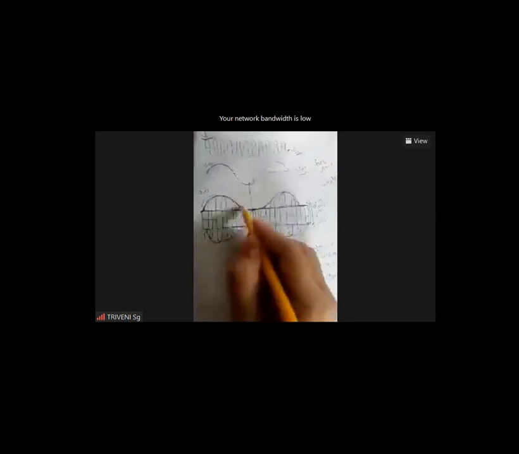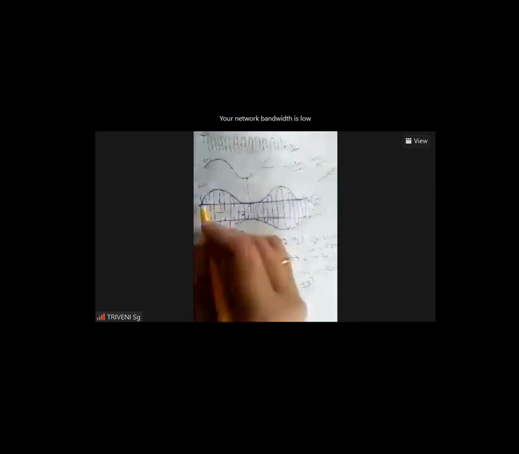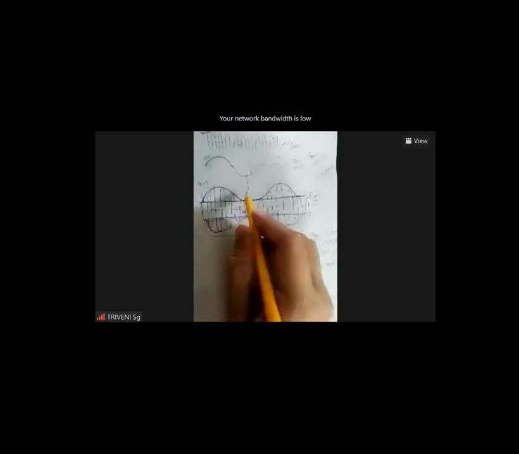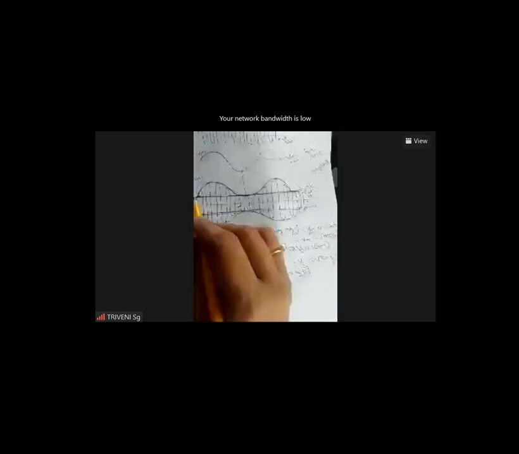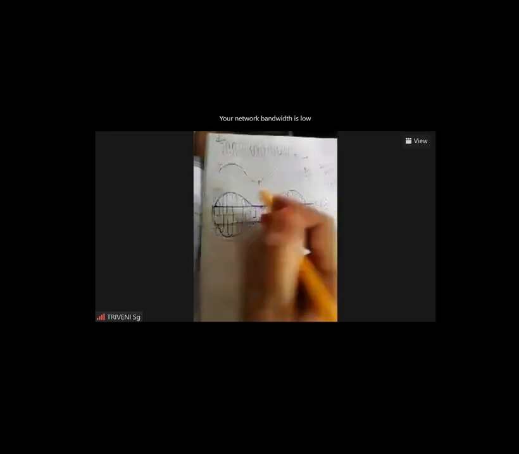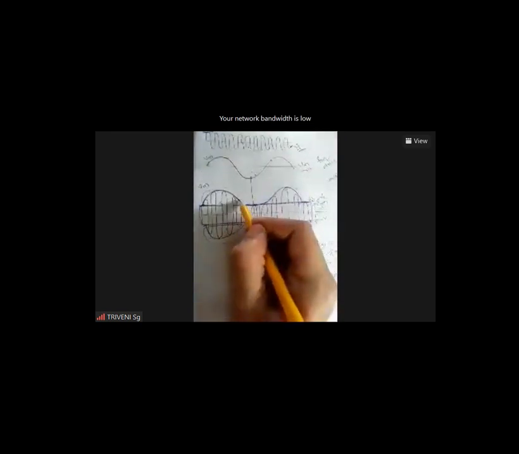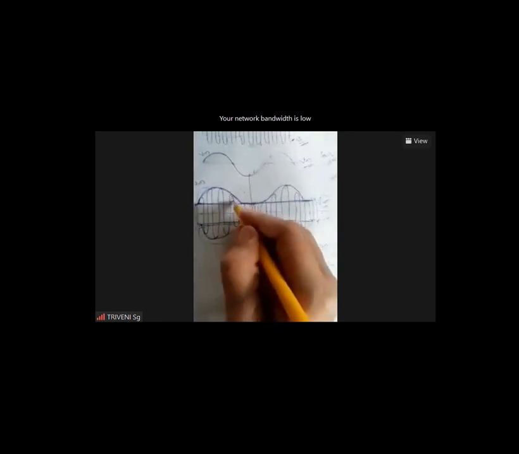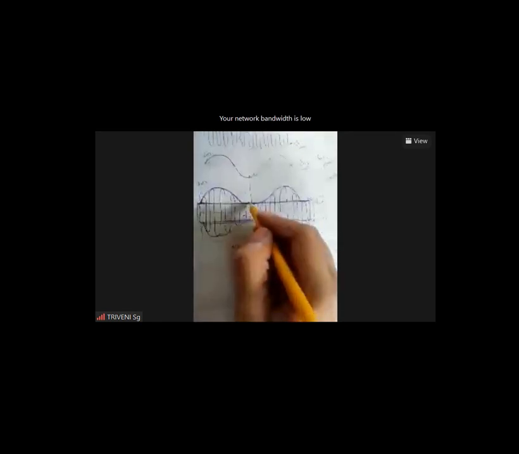The amplitude of the modulated signal is the amplitude of the carrier signal plus the amplitude of the message signal. This one is the carrier signal, that is the constant, so we have written here VC. For the remaining part, the envelope of the modulated signal is going to vary.